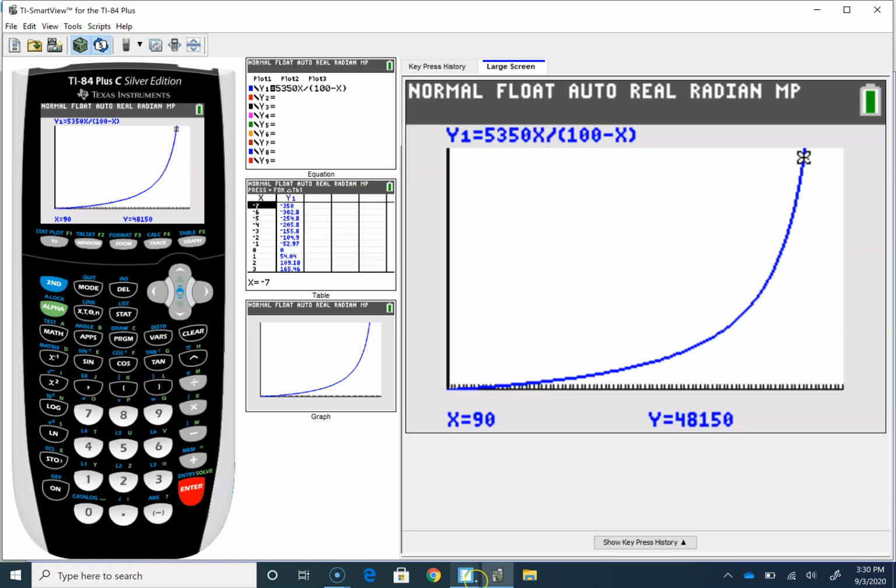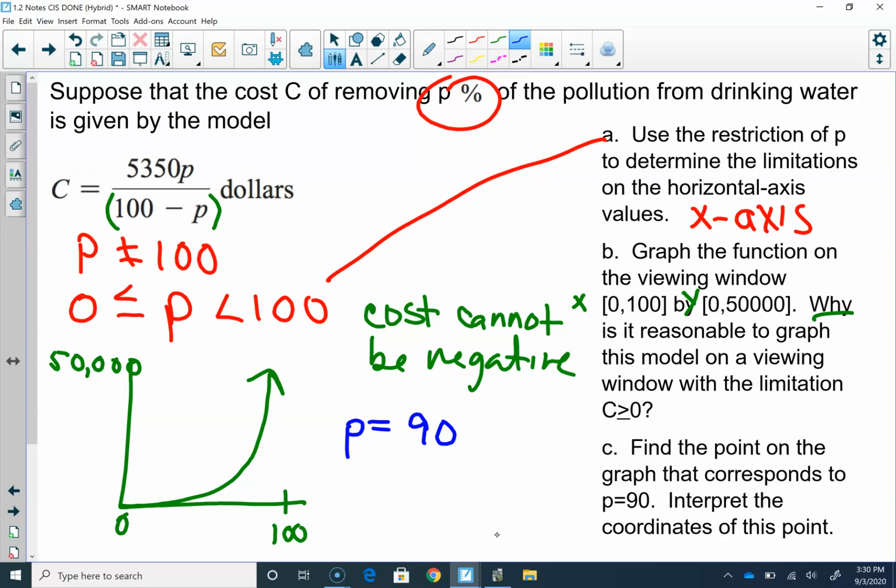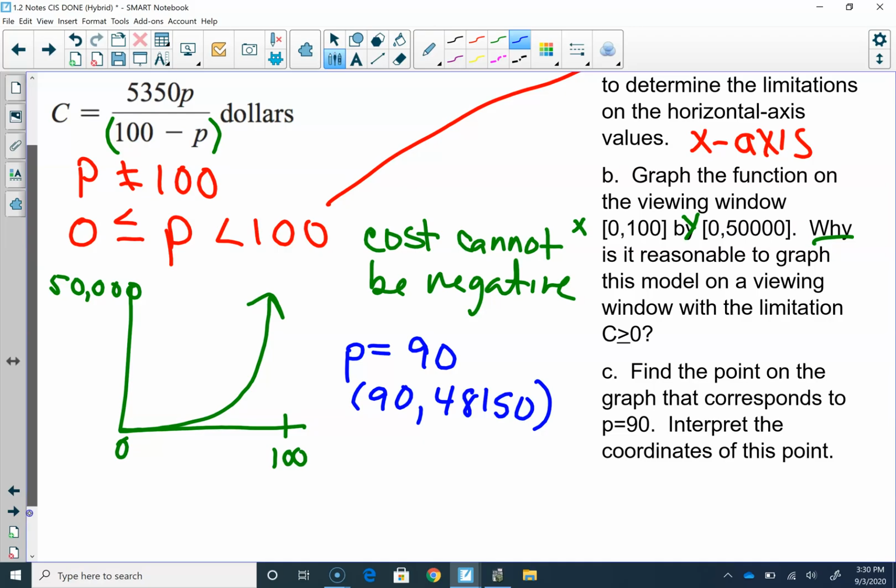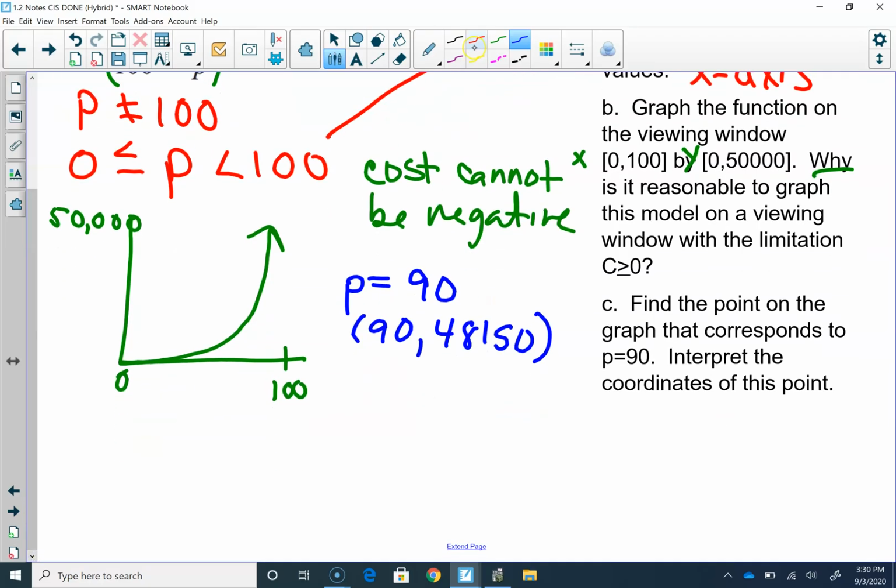So it does all that for you. I expect you to do all of that on your calculator. And if you do that, that was going to be calc value of 90 and push enter. So you're going to get 90, 48,150. Interpret the coordinates of this point. Anytime you're interpreting, you're making a sentence out of it.